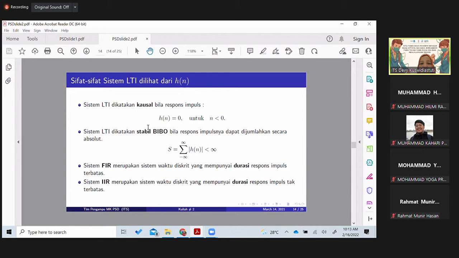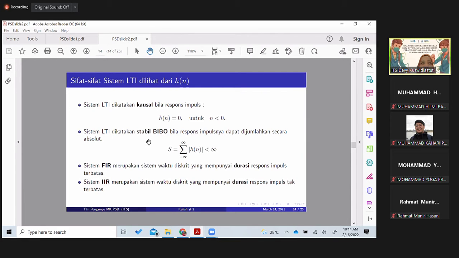The system is causal if the impulse response h[n] equals 0 for n less than 0. If this condition is fulfilled, then you could say that the system is causal. You don't have to prove any other condition. Just look at the impulse response. Easy.